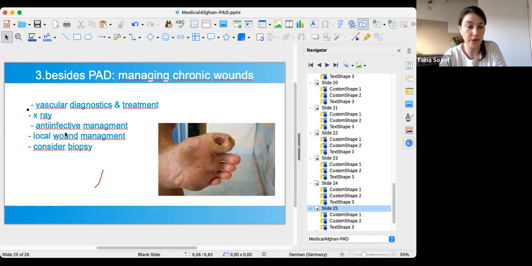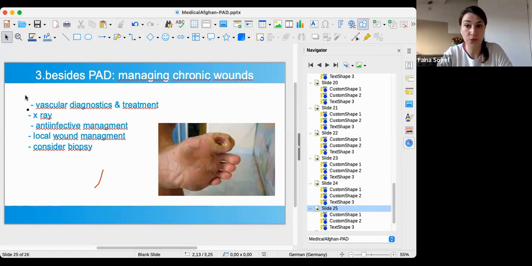So that's the approach to chronic wounds. If you are practicing medicine, you will see a lot of chronic wounds in your lifetime. It's a very relevant issue for you. So whether you're a surgeon or whether you're in general medicine, what should you do?